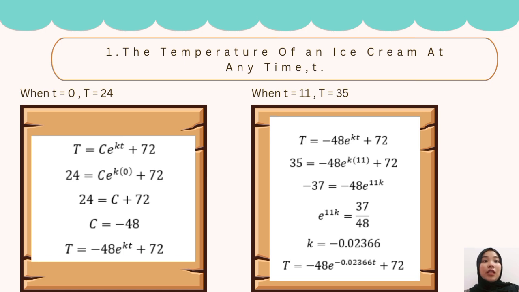Hence, we solve this, we get K equal to negative 0.02366. Then, we substitute the value of K into the previous equation where we get T equal to negative 48 e to the power of negative 0.02366t plus 72.